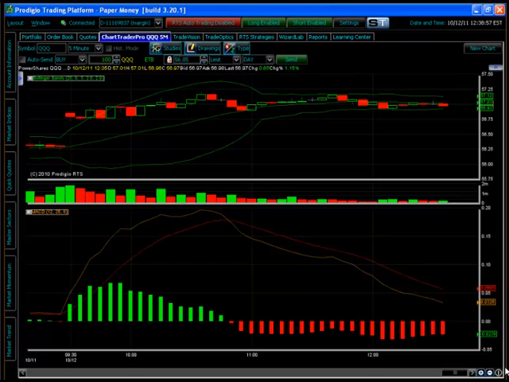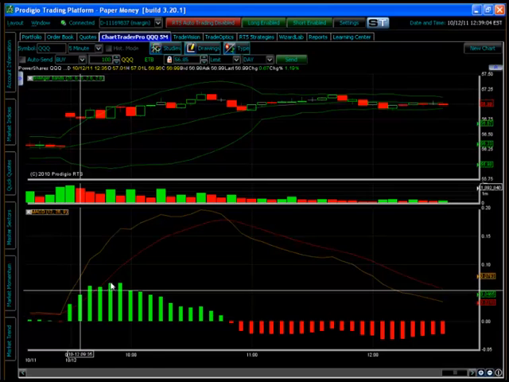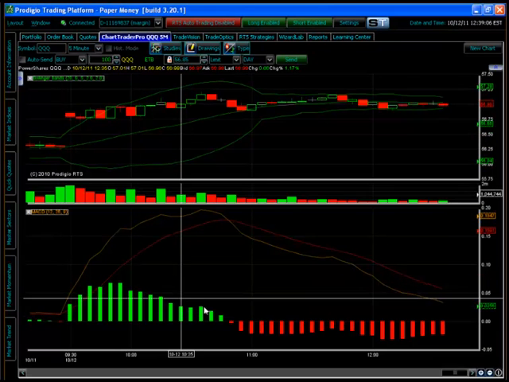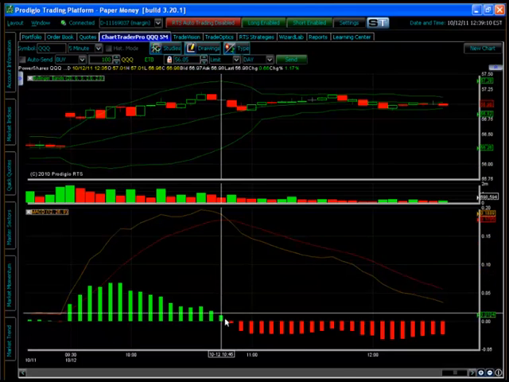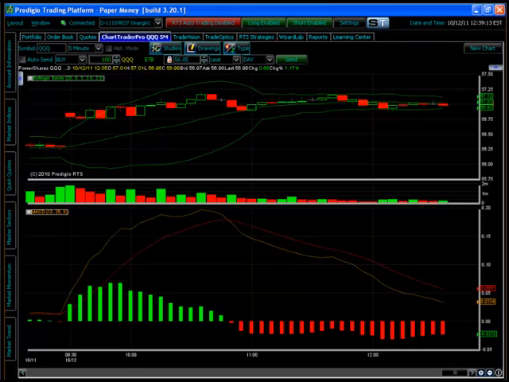You look for things such as convergences and divergences. So you see the shape of this histogram, it gradually begins to trail off. Well, that's significant, and when it crosses below zero is significant. You can build systems that pick up on these things, and one of them is very simple. It's when it crosses below zero, when green becomes red.